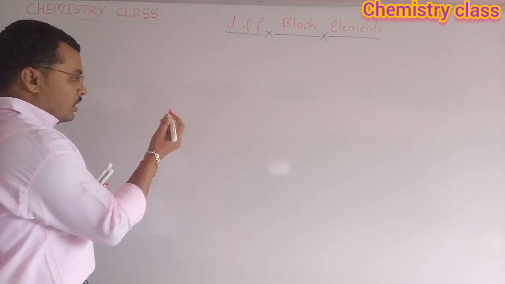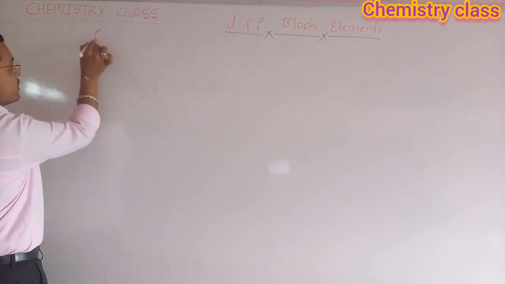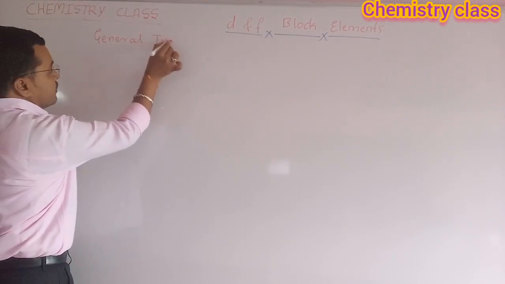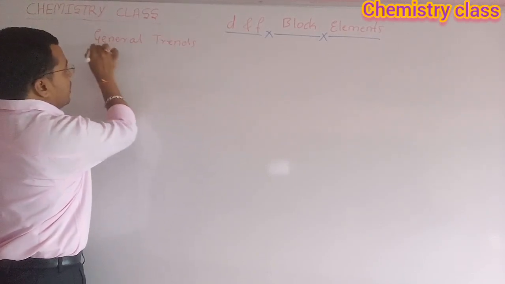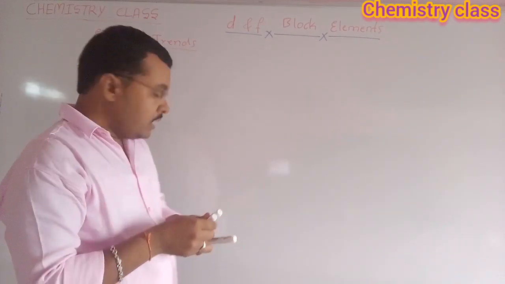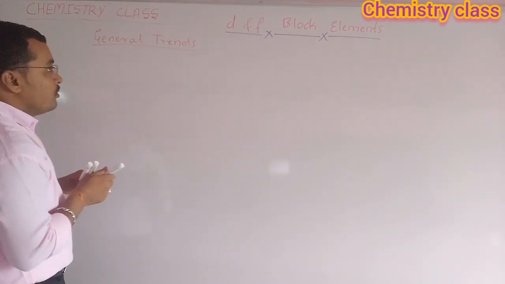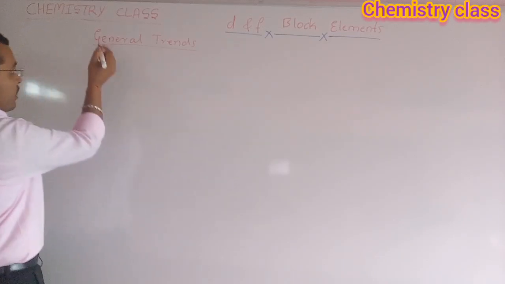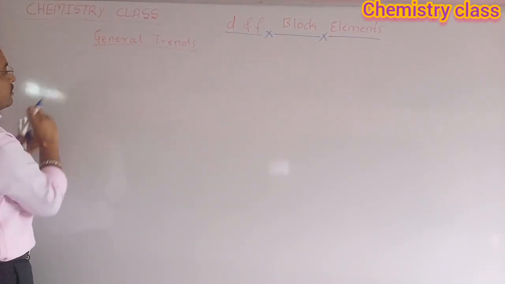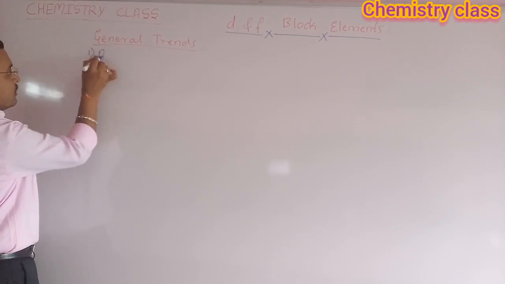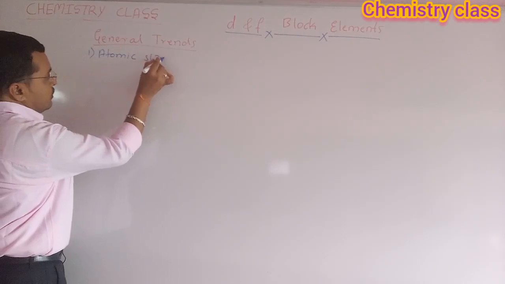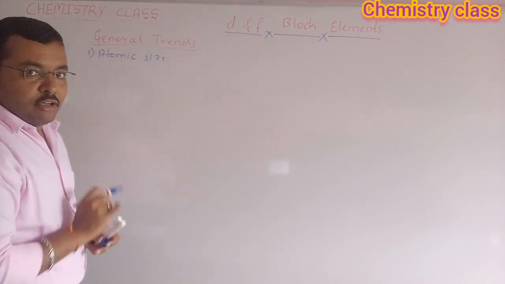We have discussed general trends in the periodic properties of D block elements, including a number of properties. First one is the atomic size; first we have studied the atomic size.